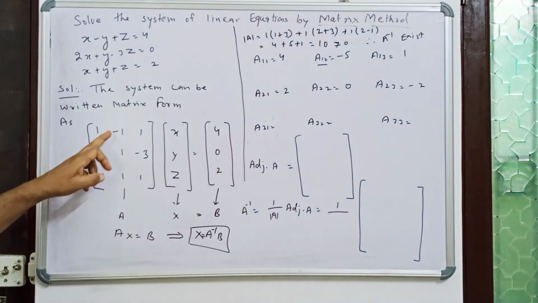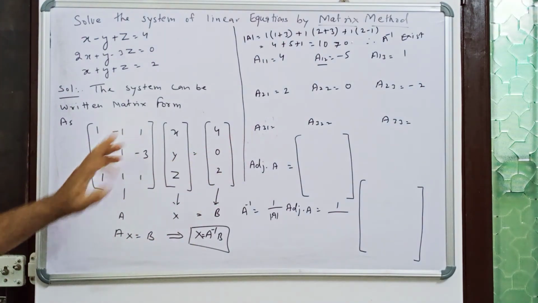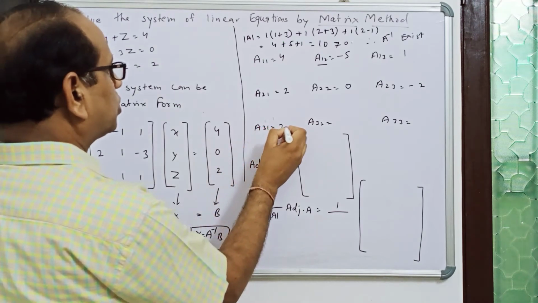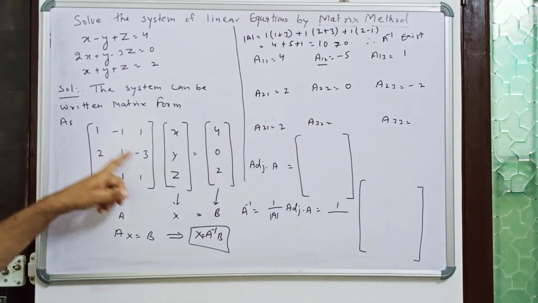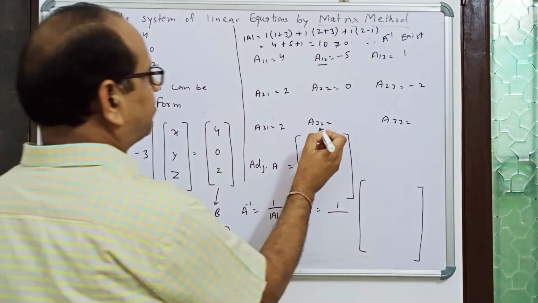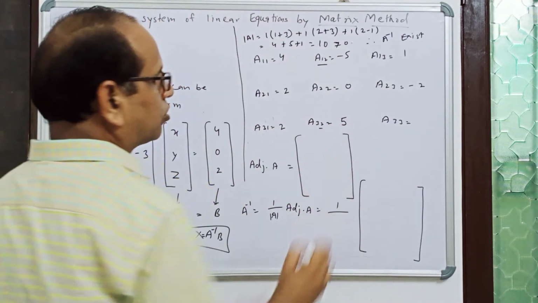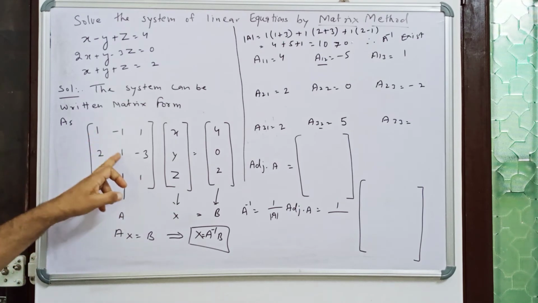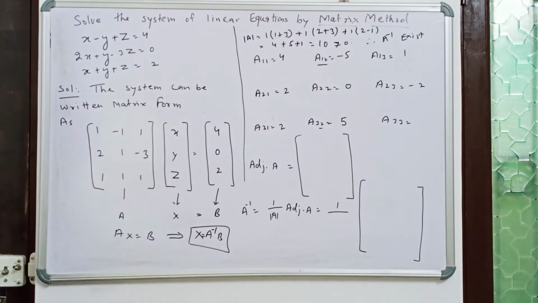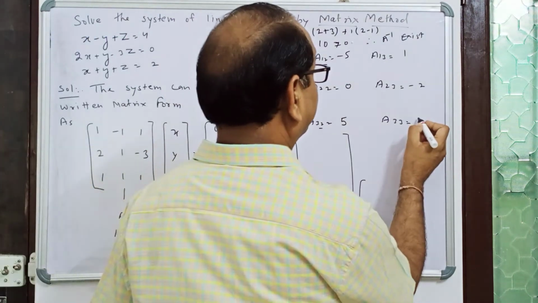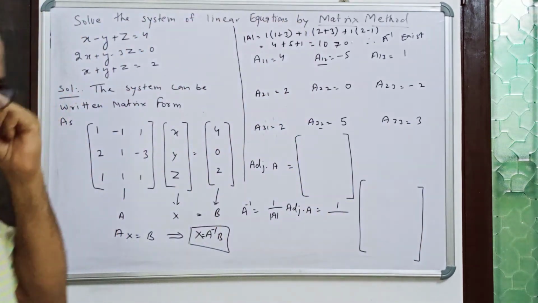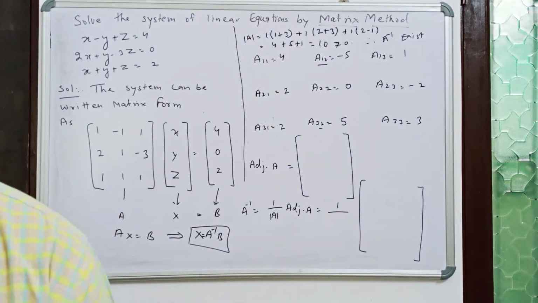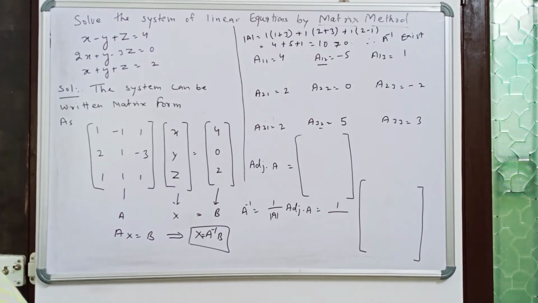For the next 3, 1, it is 3 minus 1, 2. For this one, minus 3 and minus 2, minus 5. But as I told you, the odd total, so it will be plus 5. And for this, 1 plus 2, it is 3. So we write adjoint of A, and you all know that adjoint of A is the transpose of the cofactors.